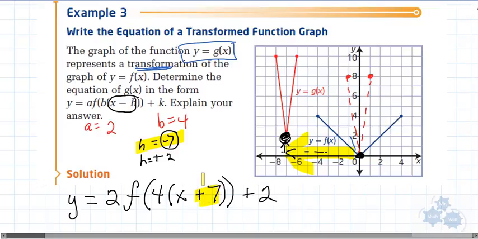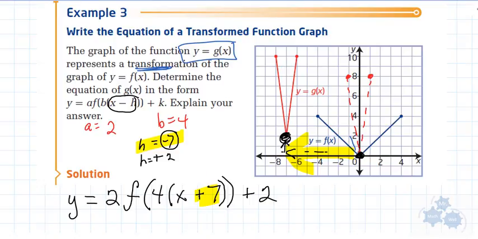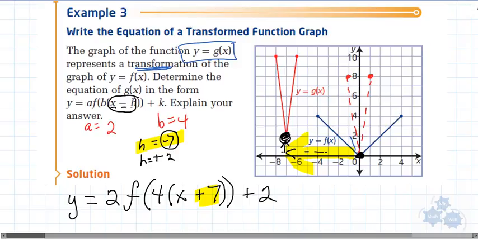And yes, it is. So in the equation, if you see x plus 7, what that actually means, because look, this is x minus h, is that x plus 7 is actually x minus negative 7. You see that? So the h value is actually negative 7. But you're right, it shows up in the equation as x plus 7.